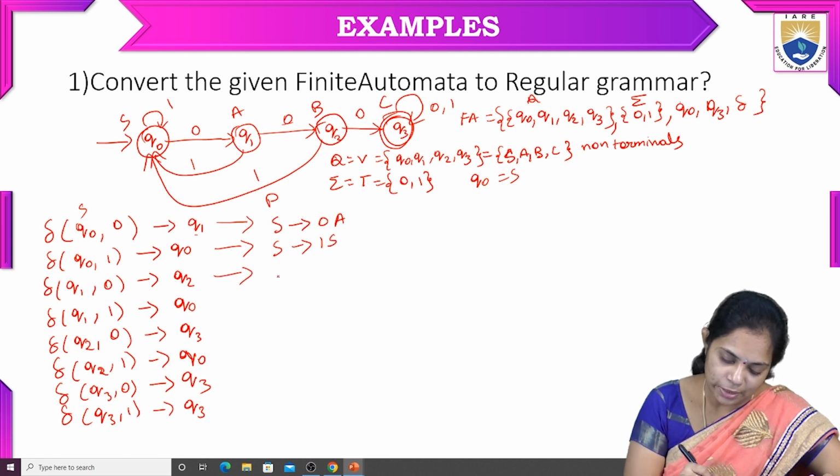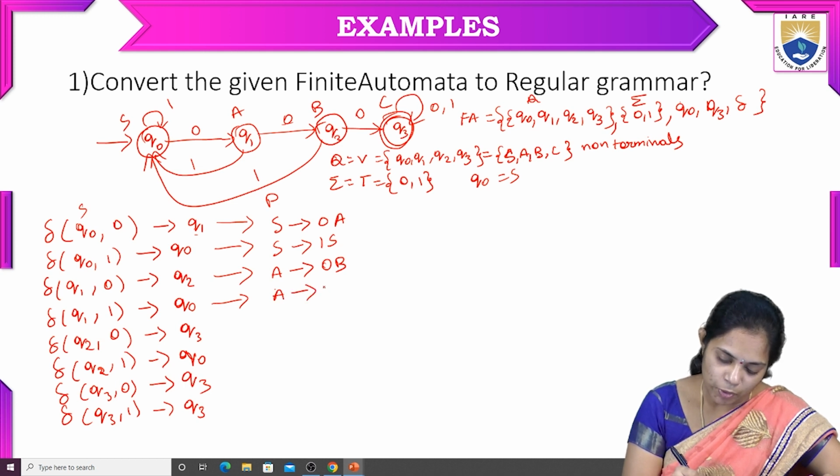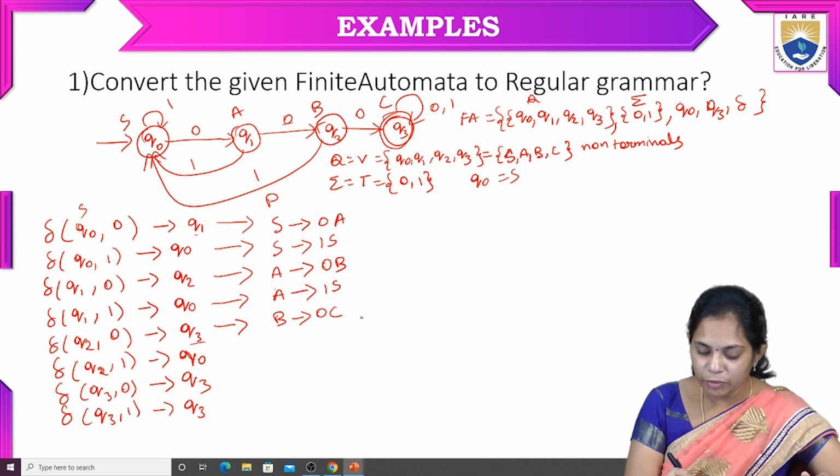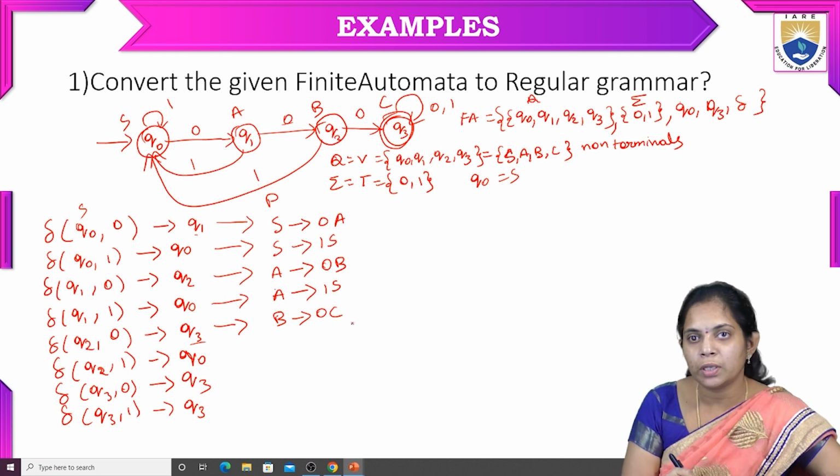Next, A: with the 0 input symbol it is reaching the second state B, so A tends to 0B, and with the 1 input symbol it is reaching S, so A tends to 1S. And q2 is B, so with 0 as an input symbol it is reaching the final state C. When we are reaching the final state, what is the production rule?